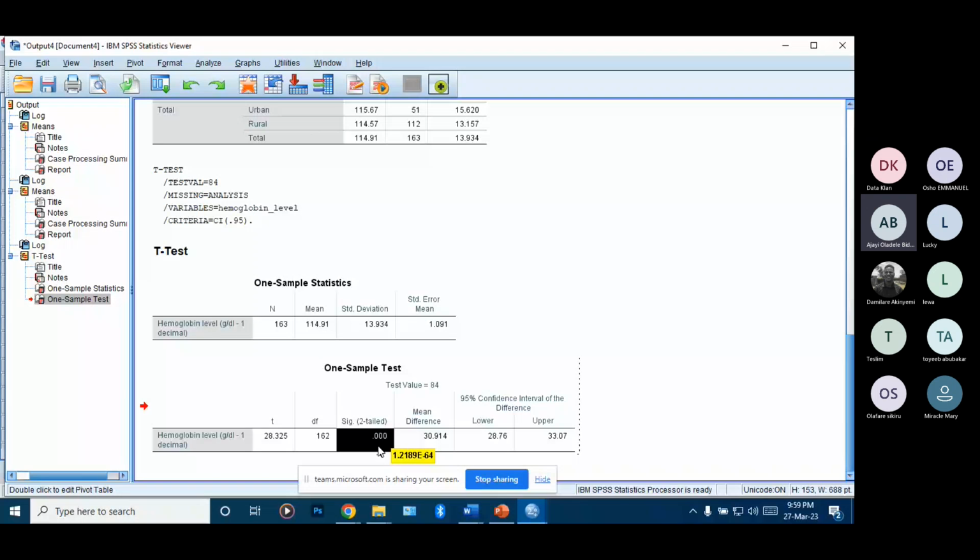That means we reject H naught. Hence, we conclude that the mean hemoglobin level of this sample taken is different from 84. Right? I think we are good.